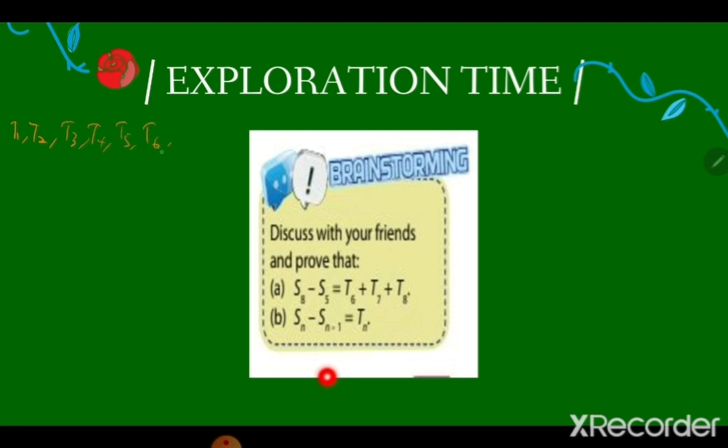Okay, let's explore. Let's discuss S8 minus S5 is equal to T6 plus T7 plus T8. Let's look here. When we talk about S8, S8 is the addition from the first term until the 8th term, right?